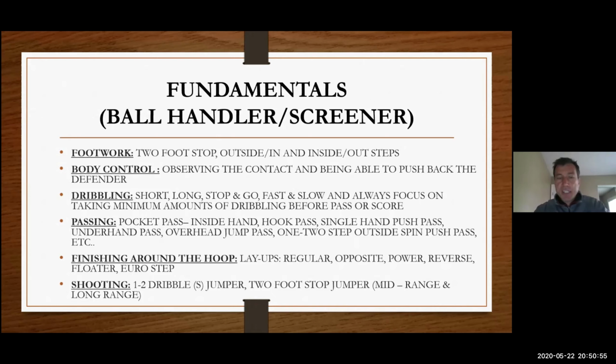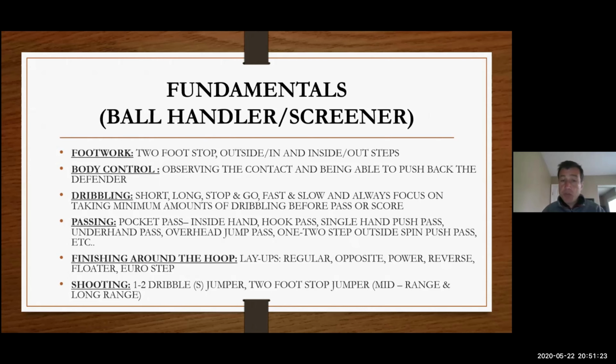So you have to be very creative with your underhand passes, a lot of overhead jump passes, a lot of 1-2 step outside and spin push passes to create that stability with the body control and try to find those outside kickouts. These are the ones that we consistently focus on.